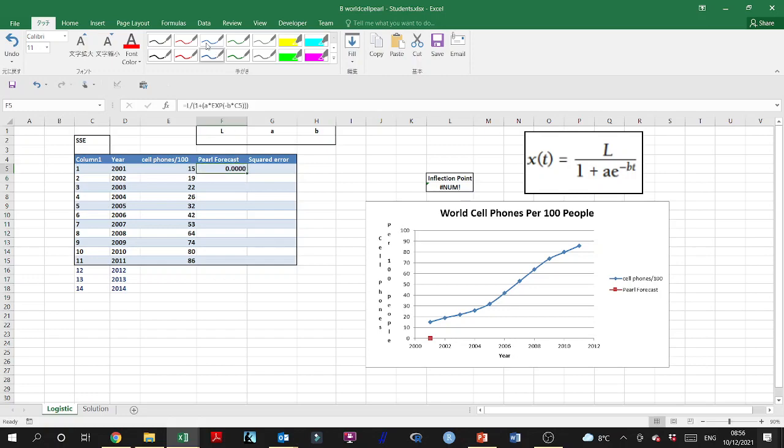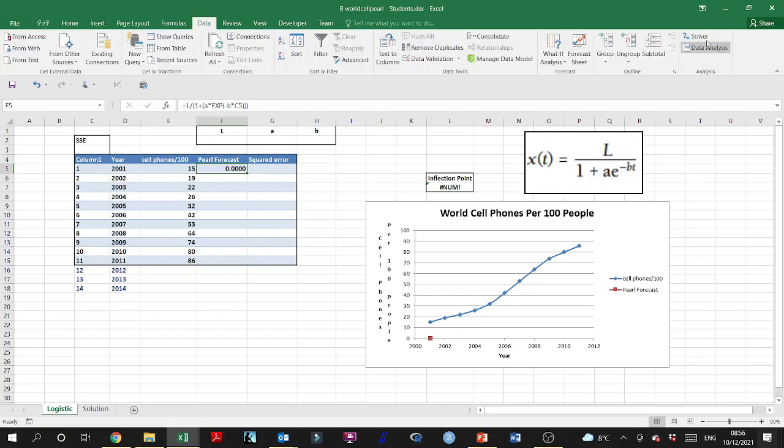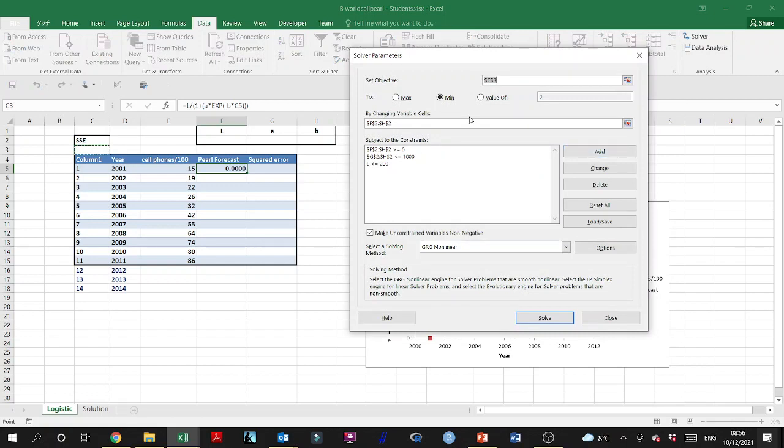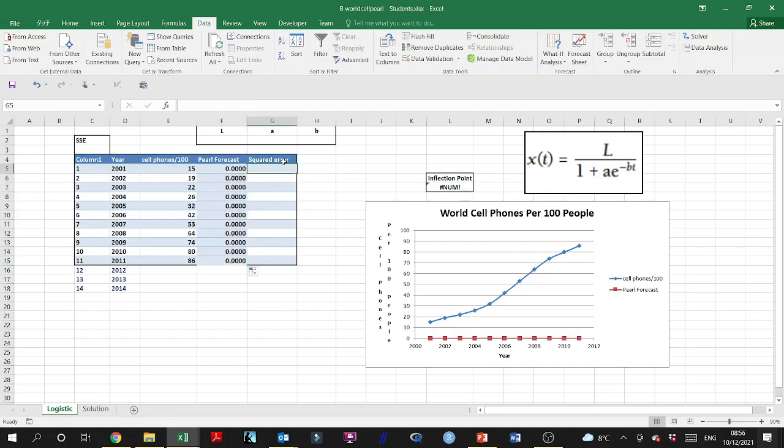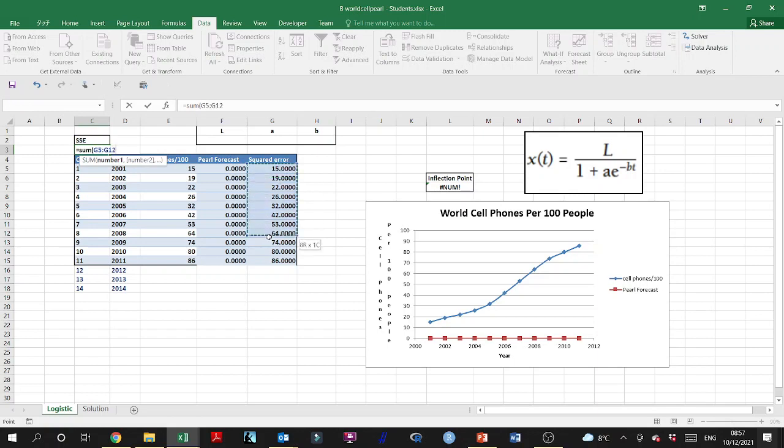Why is that so? Because we need to use the data, the solver, but before that we need to also find the squared error. Just like in linear regression, we would want the actual minus the predicted. And as you can see here, this is the sum of squared errors, so this will be the sum of all these squared errors.